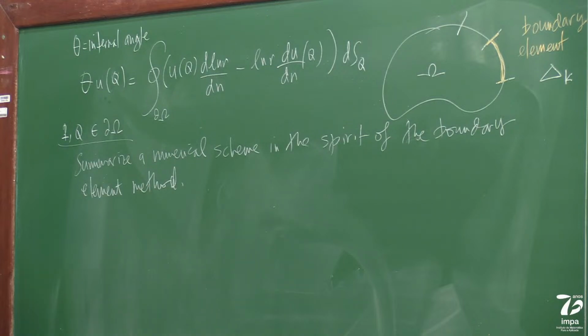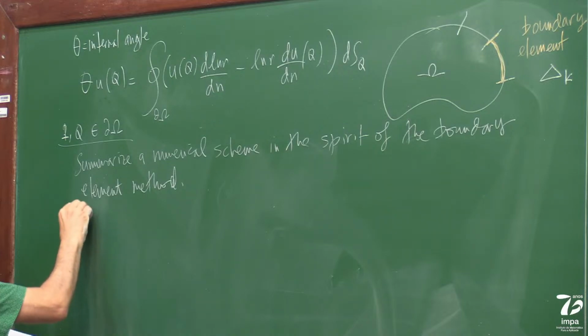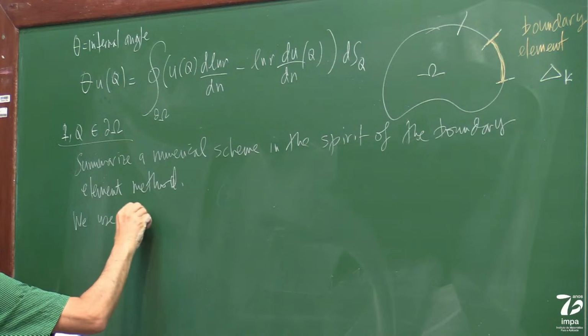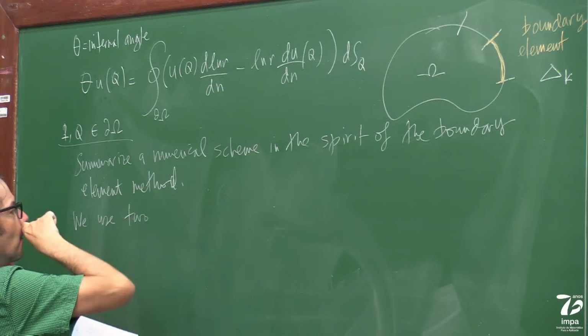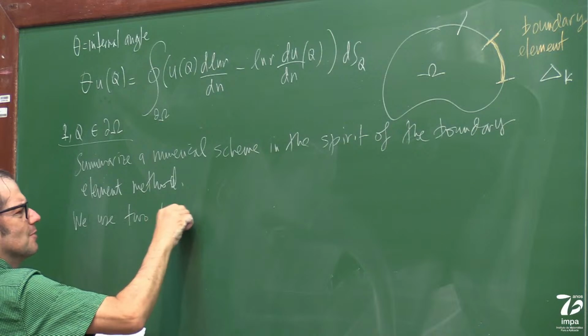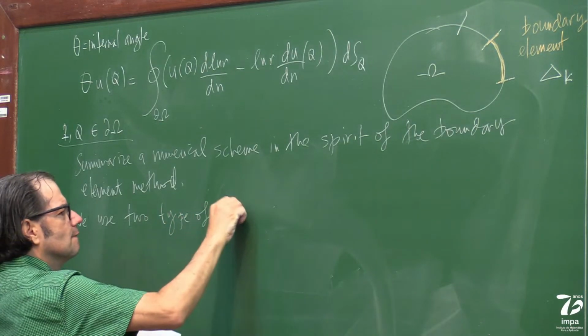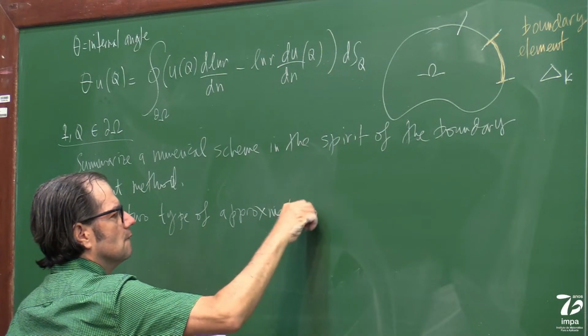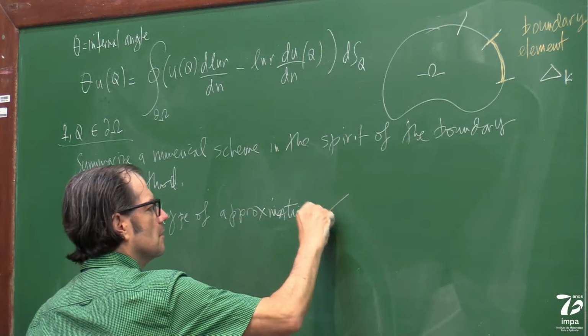Let me do the simplest case. Let me actually write the first approximation. We use two types of approximations.